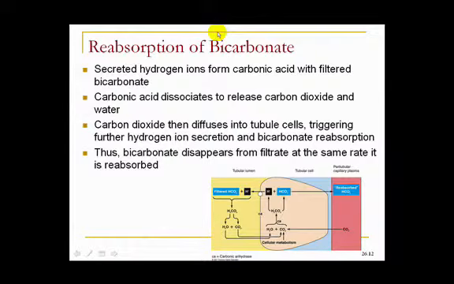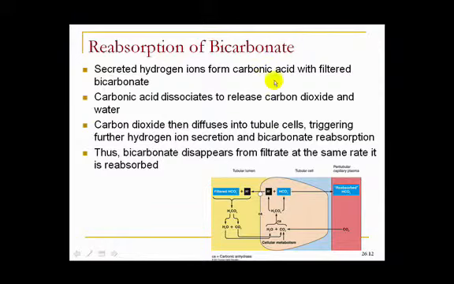The way you reabsorb it is by converting carbon dioxide, because carbon dioxide is lipid soluble and can move into the epithelial cell without having a channel. So that's why this is kind of backwards, but this is what happens.